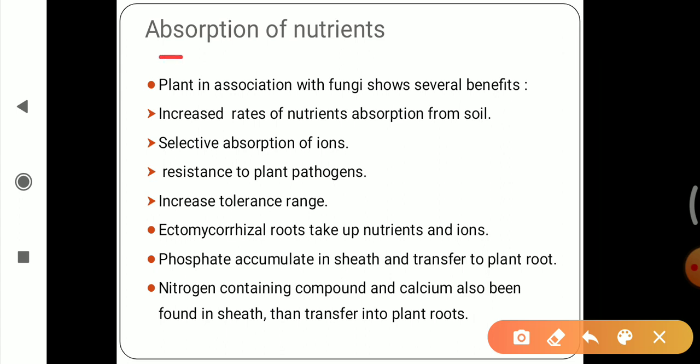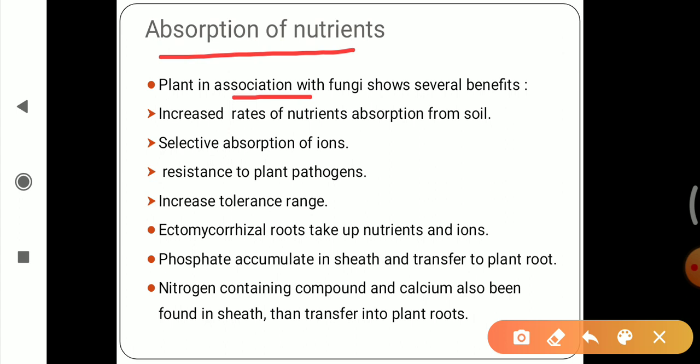Absorption of nutrients: the fungus will help to absorb nutrients and give them to its partner, the plant root. Plants in association with fungi show several benefits.